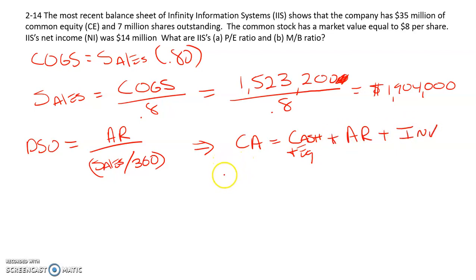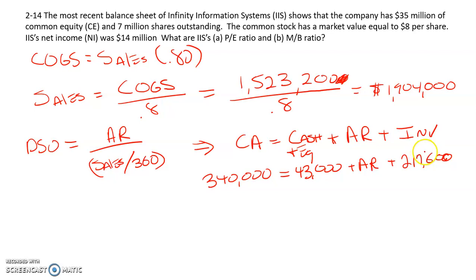So if we plug everything in here, 340,000 is our current assets. Our cash and equivalents are 43,000, and then we're trying to find accounts receivable, and then inventory is 217,600.